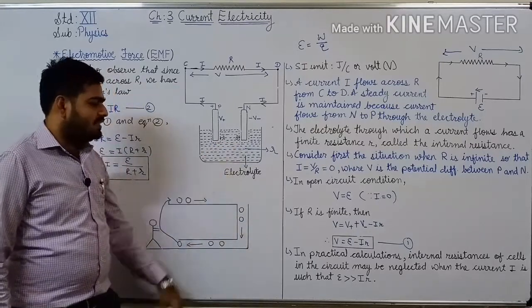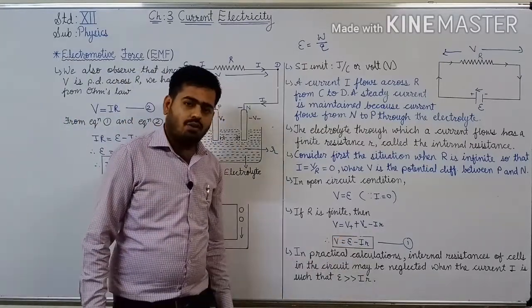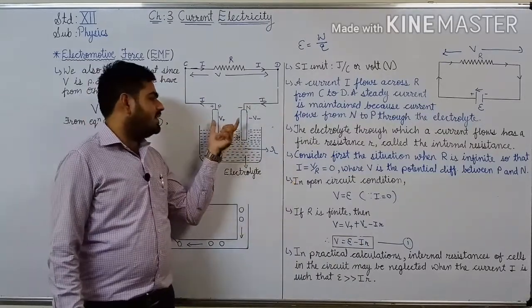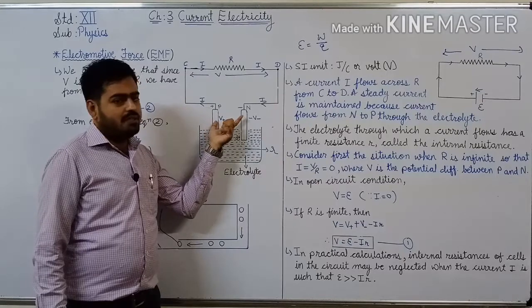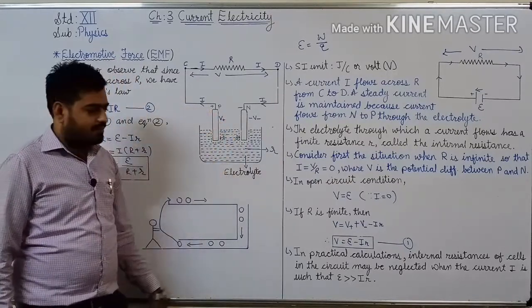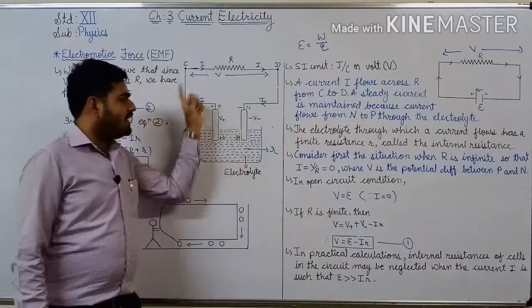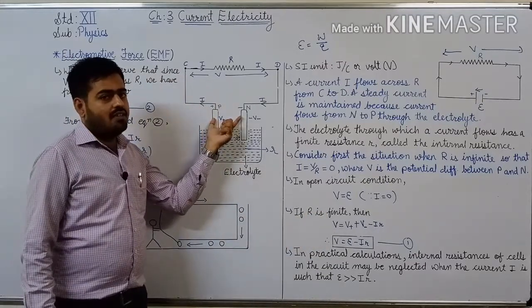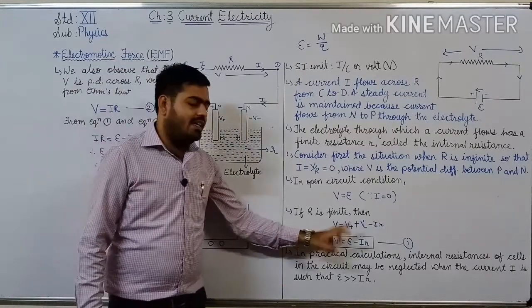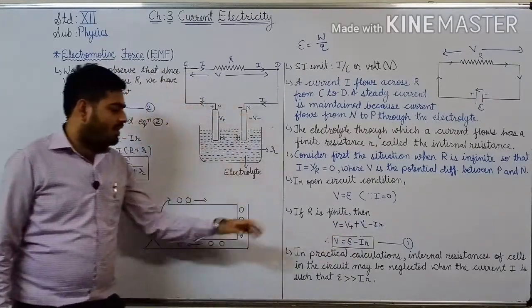Due to this internal resistance there will be some potential drop when we consider a closed circuit. In open circuit condition, whatever is the potential difference between these two terminals is the same as EMF. When we consider a closed circuit, the terminal voltage, that is the potential difference between these two terminals, is less than EMF.